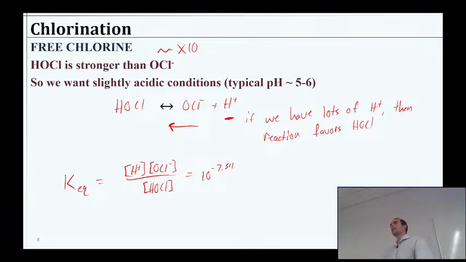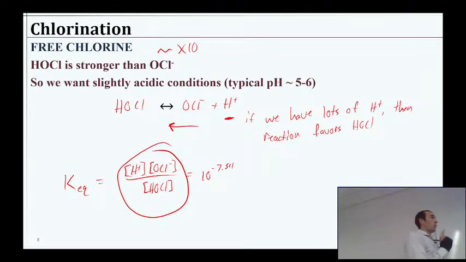So that means that if we look at the ratio at some particular pH, we can find that ratio given that equilibrium constant. And we could also think about when there's an equal amount of OCl minus and HOCl.